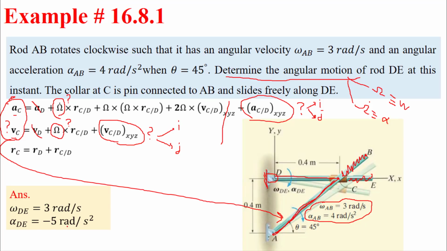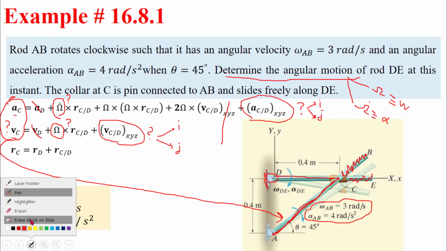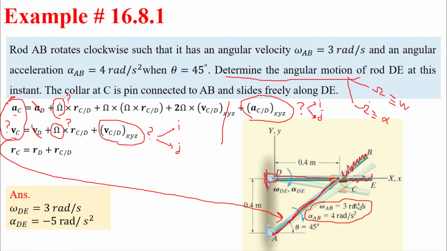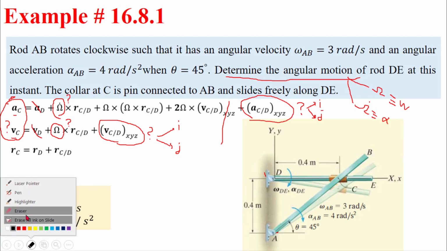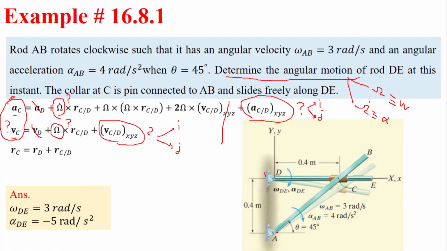So let me show you here. I will only erase this one. If this is rotated like this, then the direction of Vc will be in this direction.